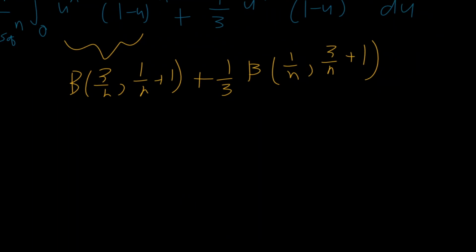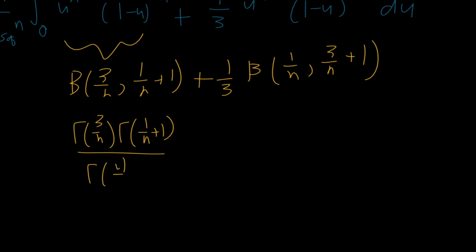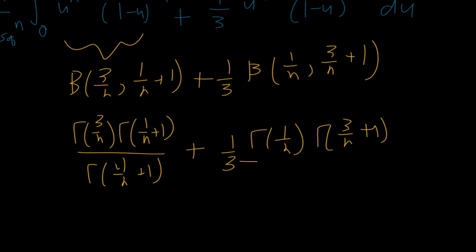Expanding all of this in terms of the gamma function, we find that we have gamma of 3 over n, and then gamma of 1 over n plus 1, over gamma of 4 over n plus 1. And then for this next bit right here, we have 1/3 times gamma of 1 over n, and then gamma of 3 over n plus 1, and then divided by gamma of 4 over n plus 1.